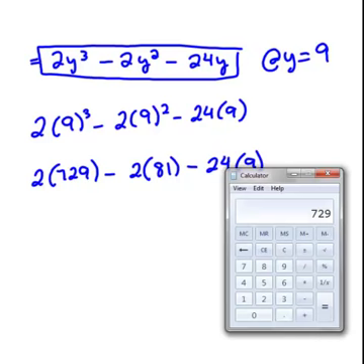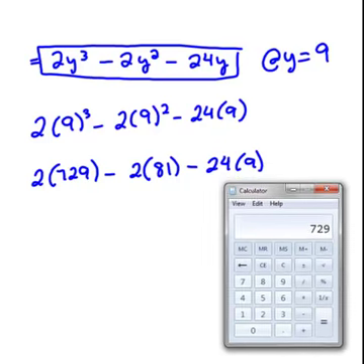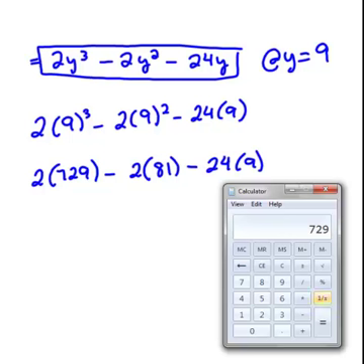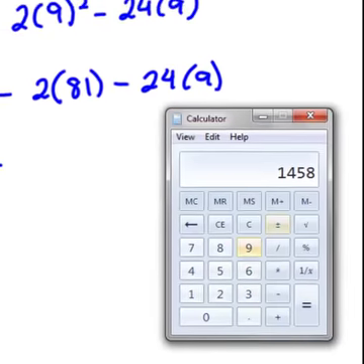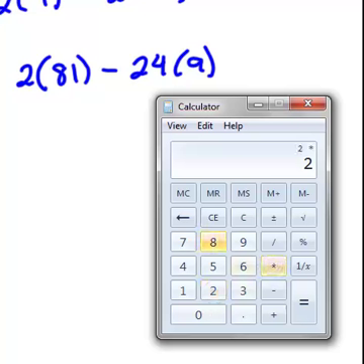And now we can go ahead and just do the multiplication. Again, I'll probably use my calculator to help me out with some of this. Could work it out longhand, but this is an accelerated course, and we don't have a whole lot of time. 729 times 2 is 1458, and so I'll go ahead and write that down. 1458, minus, we're going to take 2 times 81 and get an answer of 162.